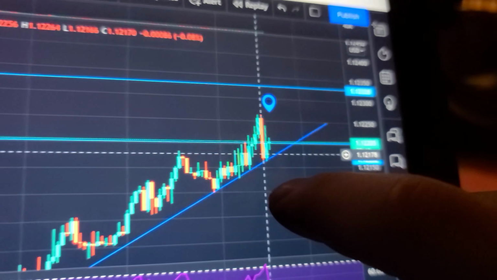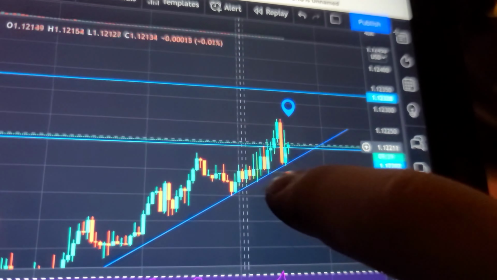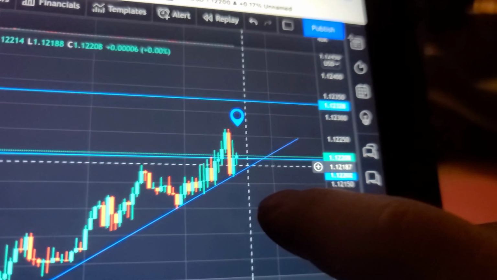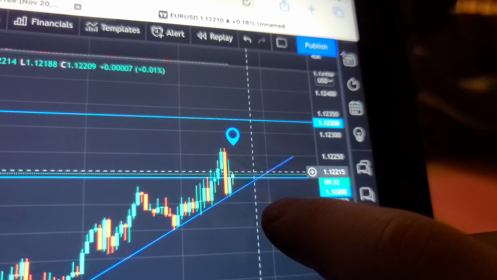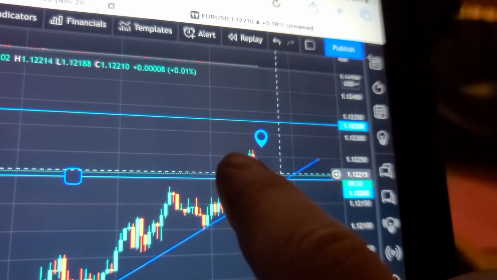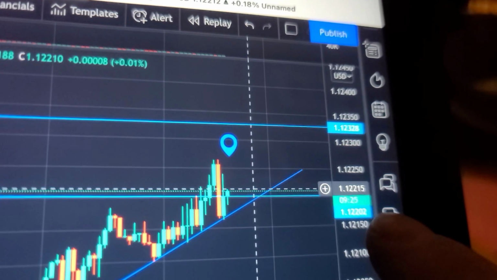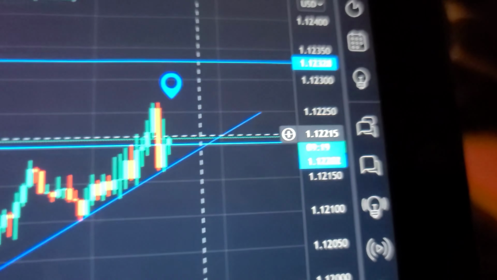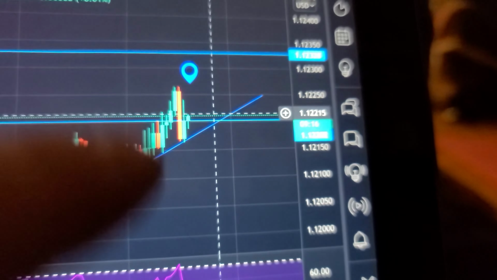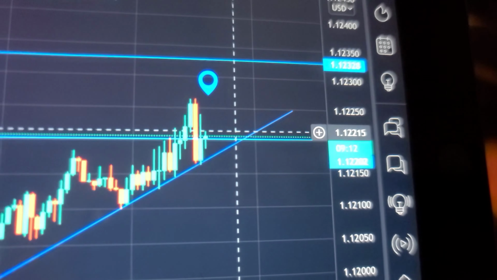But once the 15-minute had broken above here and closed a few candles, I actually moved my stop loss up to about here because this candle was closing way up there. So I set my stop loss to 215 and I had placed my order at 202, I believe. So my stop loss was in profit now. If it did go back down, no matter what, I was in profit.